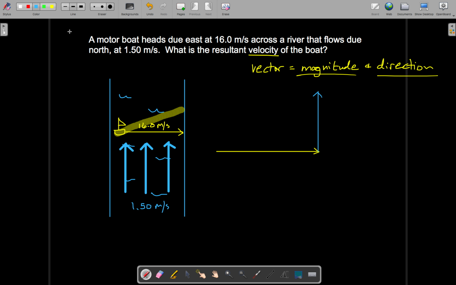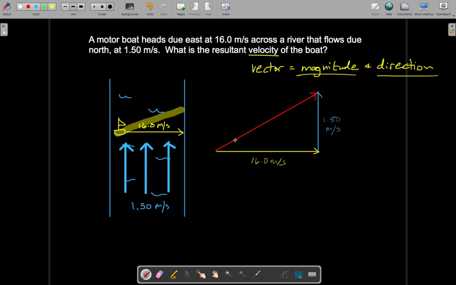Keep in mind that the current of the water is moving at a pace of 1.50 meters per second, whereas the speed that the boat is traveling due east is 16.0 meters per second. And we notice that the boat is moving in this direction. It's going this way. And the question is asking how fast is it going and what direction is it going at.